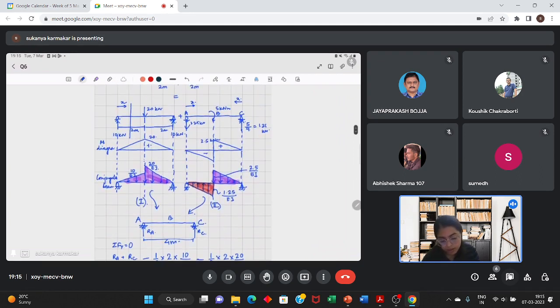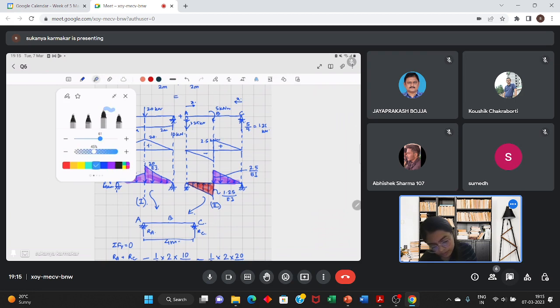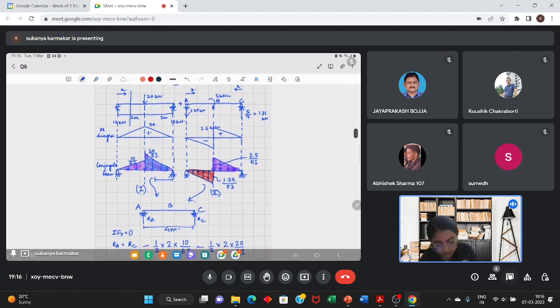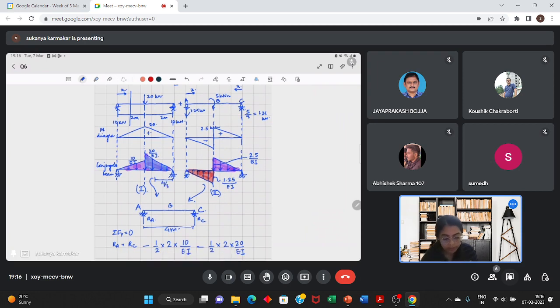This contribution is coming from this triangle, and the CG from point C on this side. How much is the CG? This length is 2 meters, so it will be 2/3 of that length, so 4 by 3.